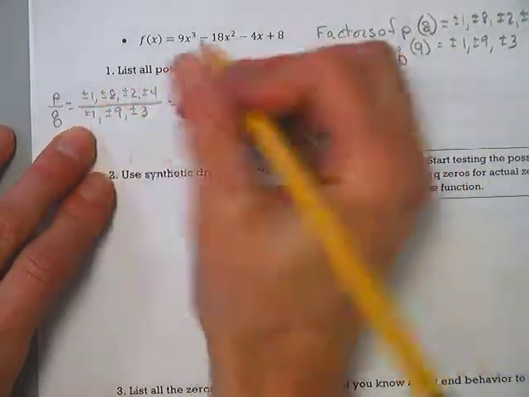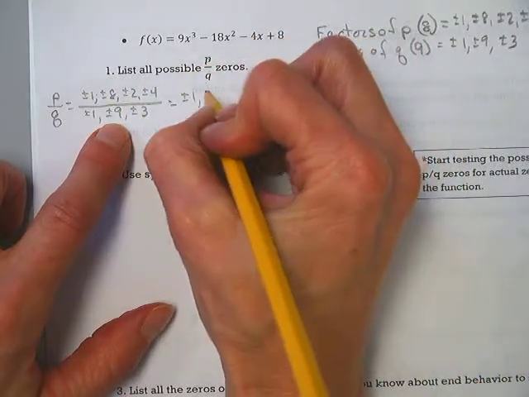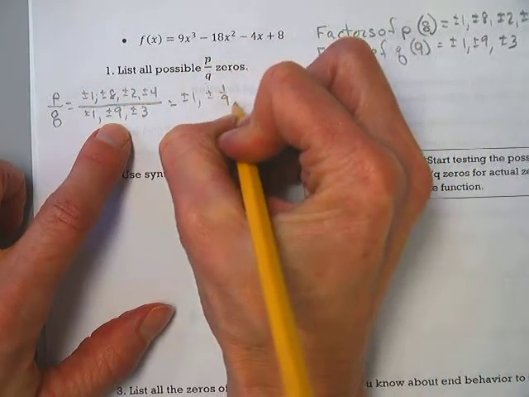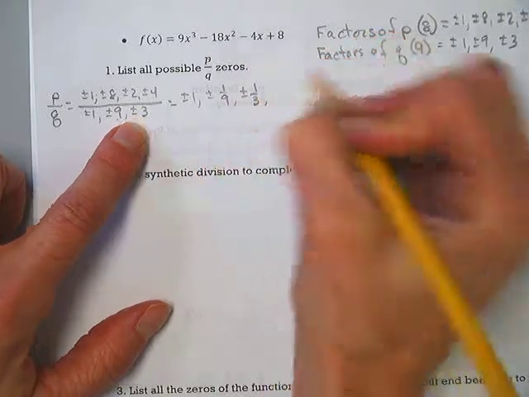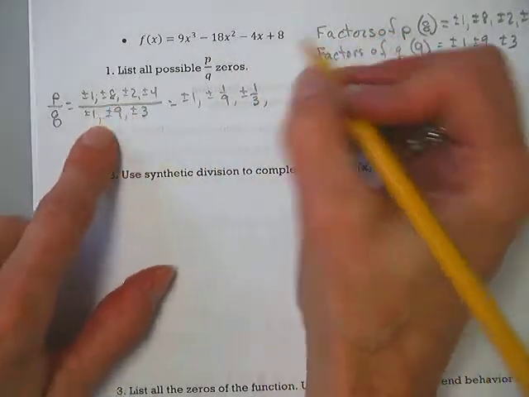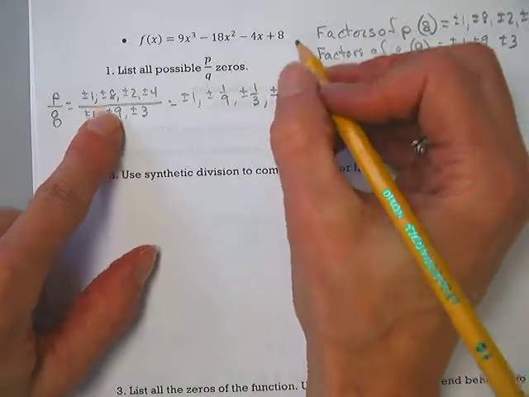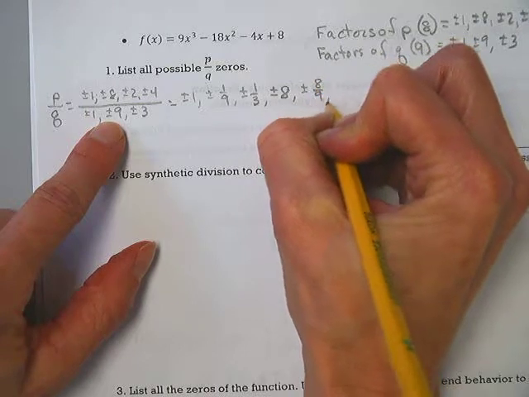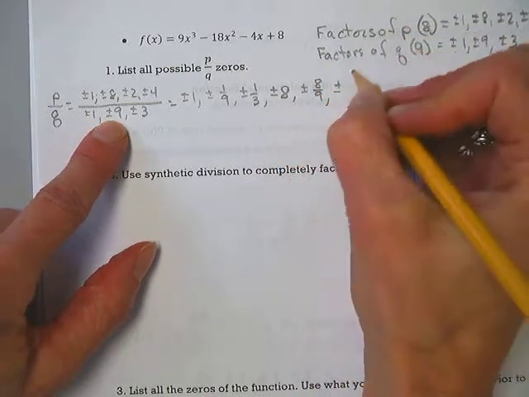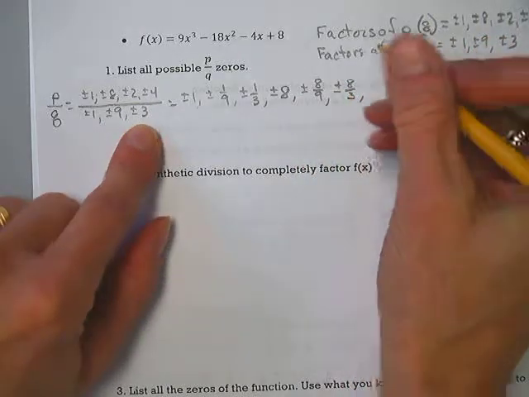It's going to be a few, so let's list them all. And we just kind of go through it and do the best that we can. Here we go. First off, 1 over 1, so that's plus and minus 1. Then let's go 1/9. And 1/3. Then let's start with 8.